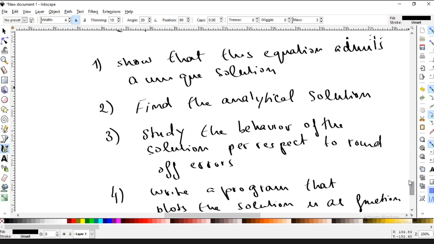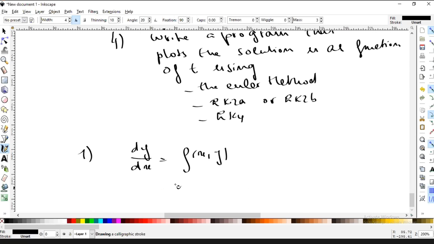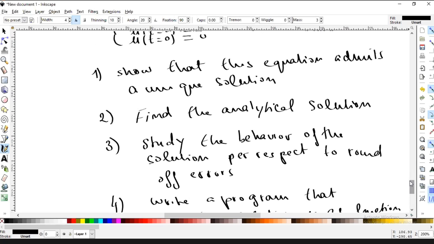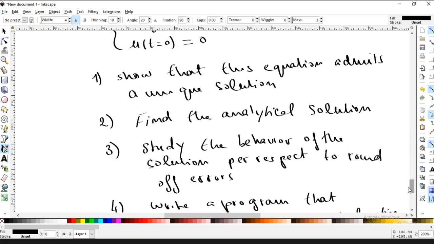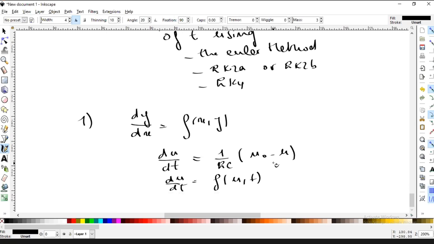So if I want to express it in this form, I get du over dt equal to 1 over RC times U0 minus u. This is of the form du over dt is f of t, u. Here it doesn't even depend on t, so the function f depends just on u.